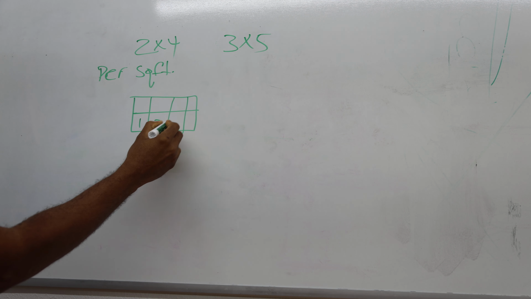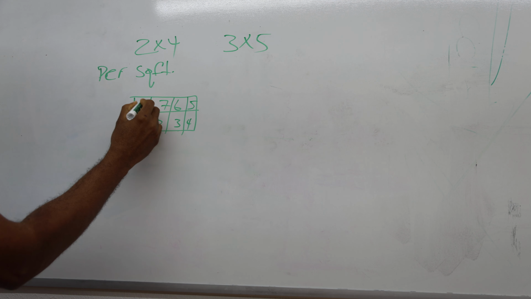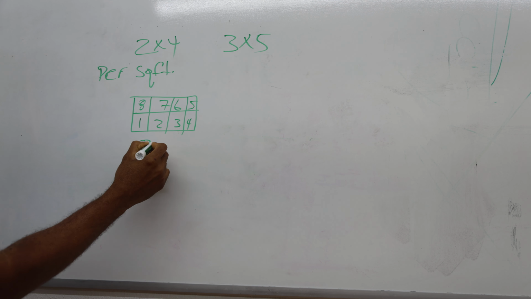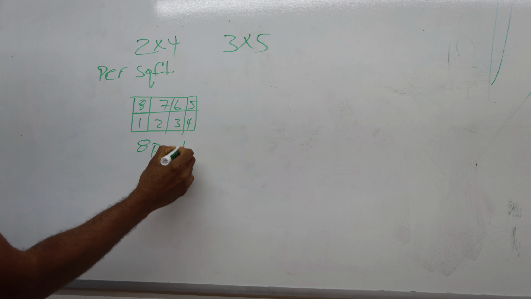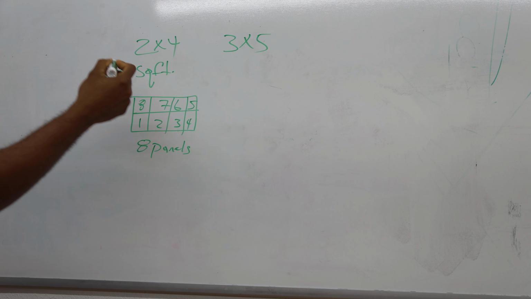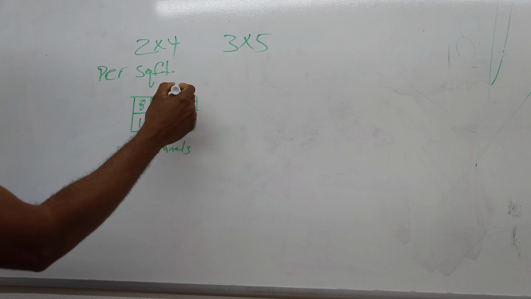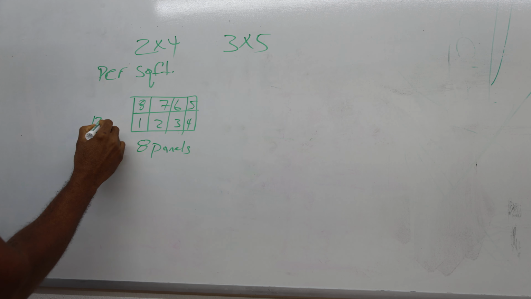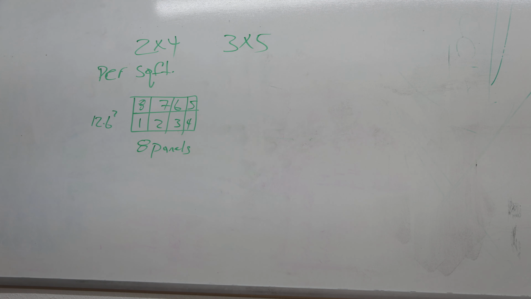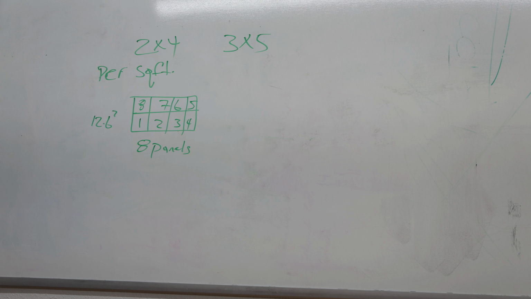This is 1, 2, 3, 4, 5, 6, 7, 8 square feet, which means we're using 8 panels to make it, right? It's actually a little bit more than a square foot, but just to make the explanation easy, we're using a square foot because each module is actually 12.6 by 12.6, so a little bigger than a square foot, but we'll just use a square foot for this example.